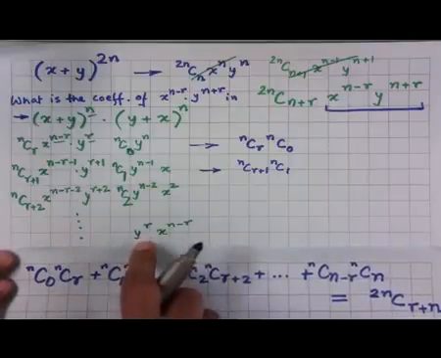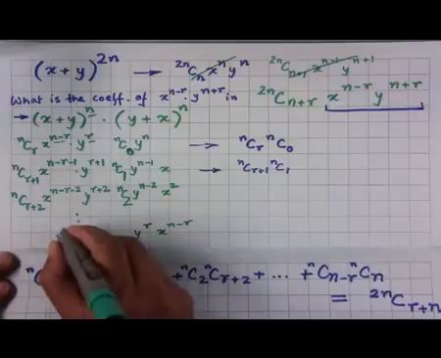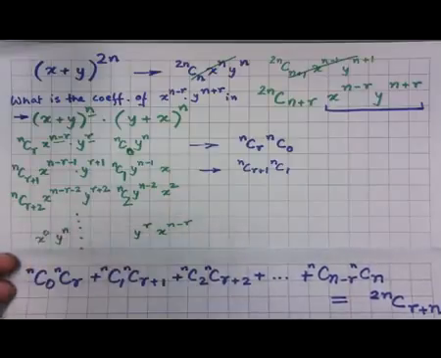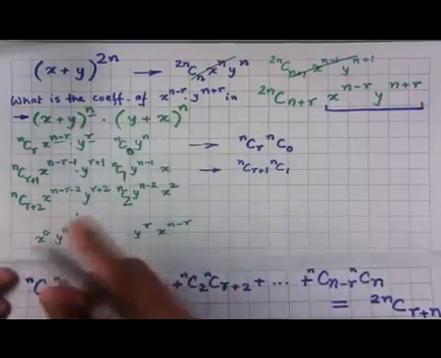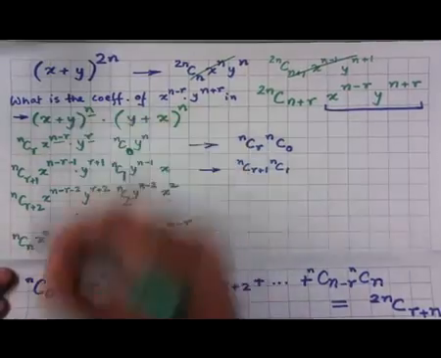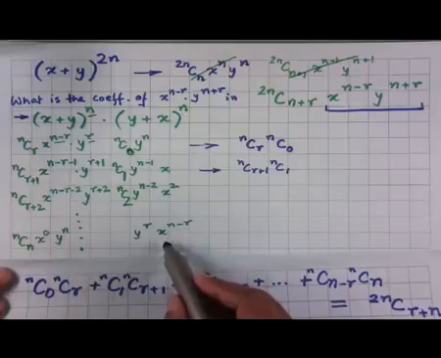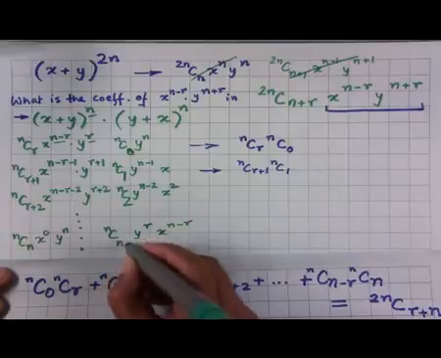If I have y power r on this side, I need y power n on the other side, which means I will have x power 0. So, how many x's, sorry, how many y's have you chosen over here? You have chosen n c n y's, and on this side how many x's have you chosen? It will be n c n minus r.